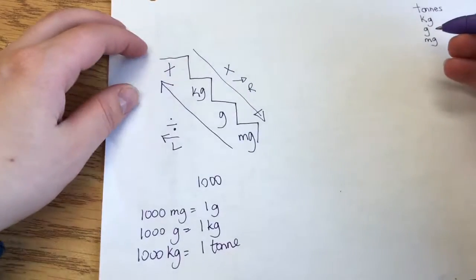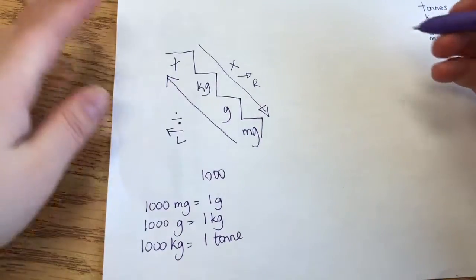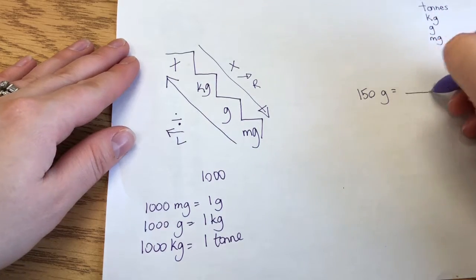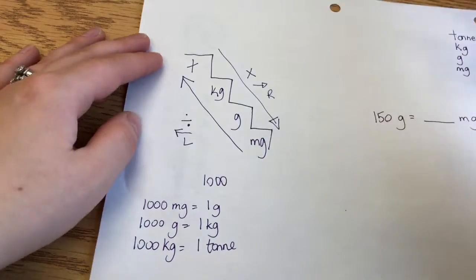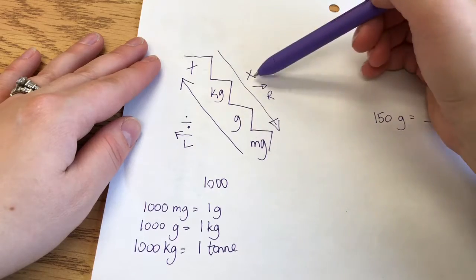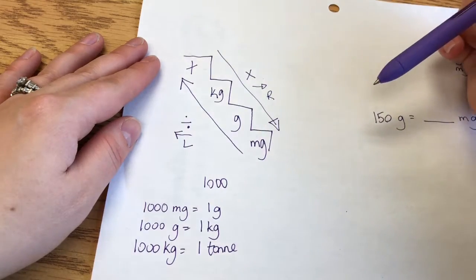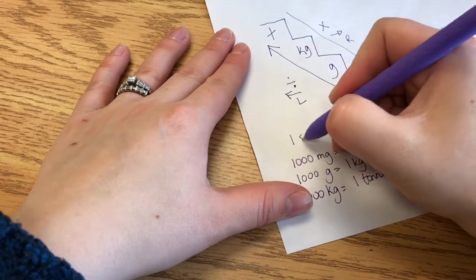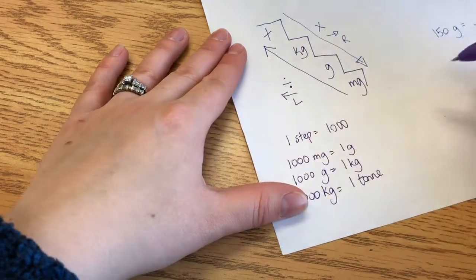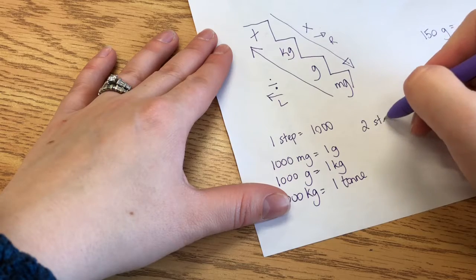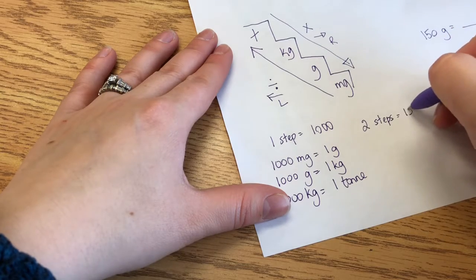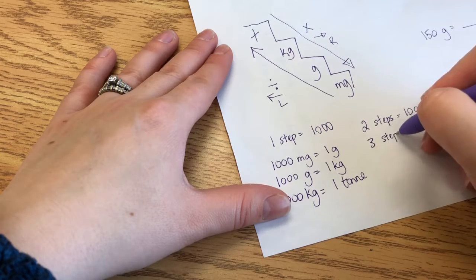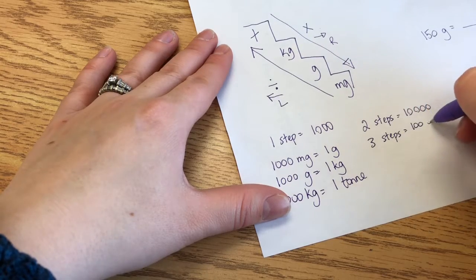So let's take a look at this here. So if we wanted to convert, let's say 150 grams into milligrams. So this time we are going down, so we're multiplying or sliding our decimal place to the right. We're going down one step, but one step is a multiple of 1,000. 2 steps is 1,000,000, and 3 steps is actually 1,000,000,000.